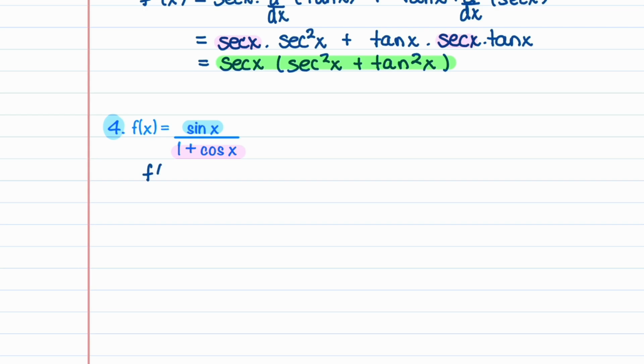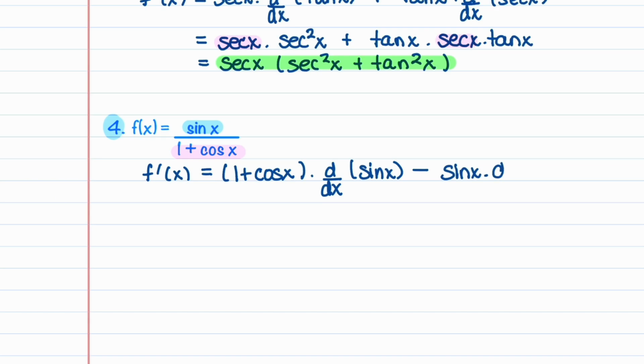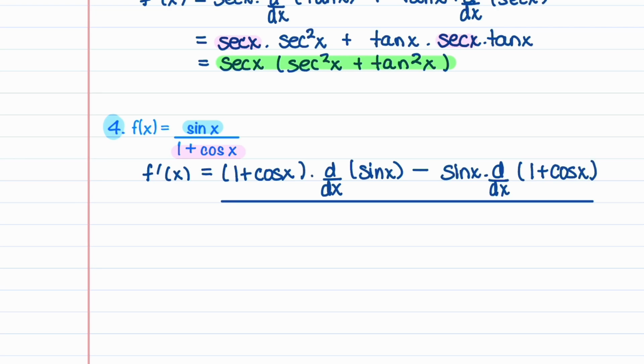Our derivative, f prime of x, is going to be the bottom term, which is 1 plus cosine x, times the derivative of our top term, sine x, and then we have to subtract off our top term, sine x, times the derivative of our denominator, which is 1 plus cosine x. And we're going to divide all of that by 1 plus cosine x quantity squared.